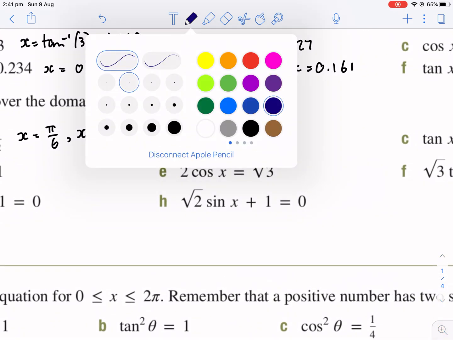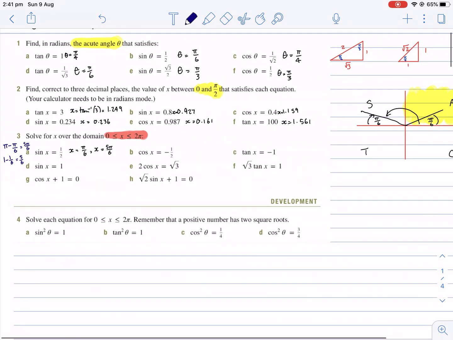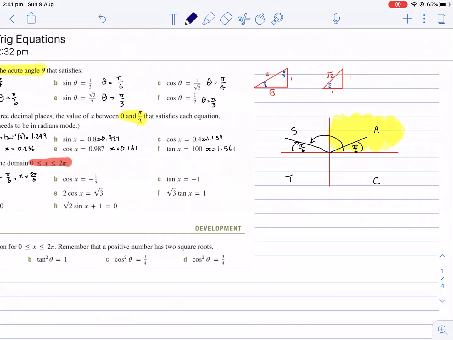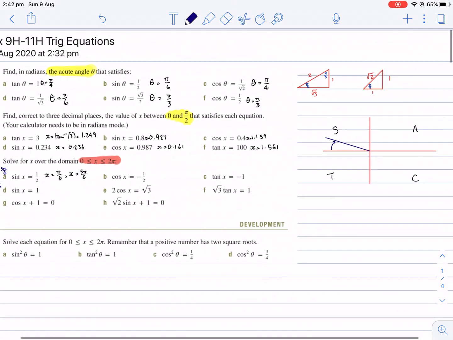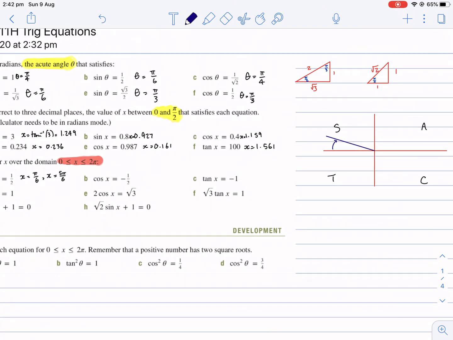Cos x equals negative a half. So for cos to come out as negative a half, it would have been pi on 3. But because it came out as negative, this is the first value, so coming up here would have been pi on 3.